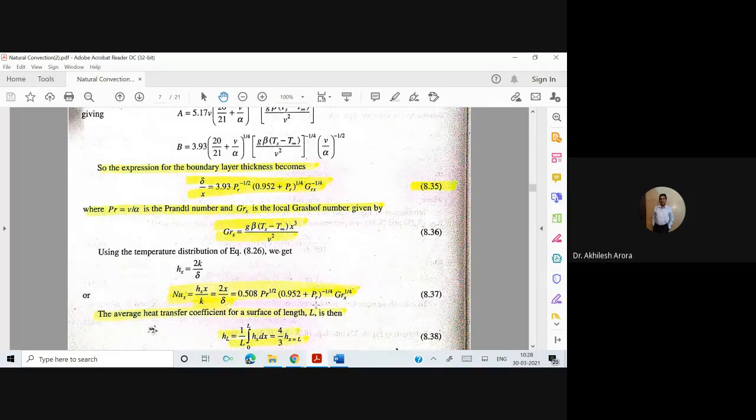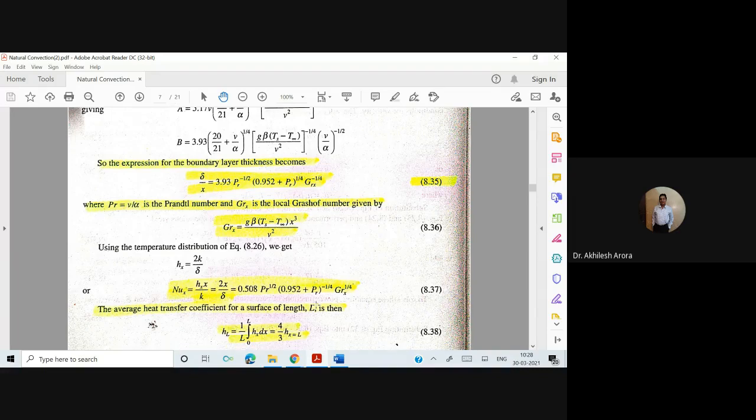You don't need to worry about this, you just see it. We get an expression for the boundary layer thickness, we get the expression for the Nusselt number, but ultimately we will be going for the empirical or semi-empirical relations.